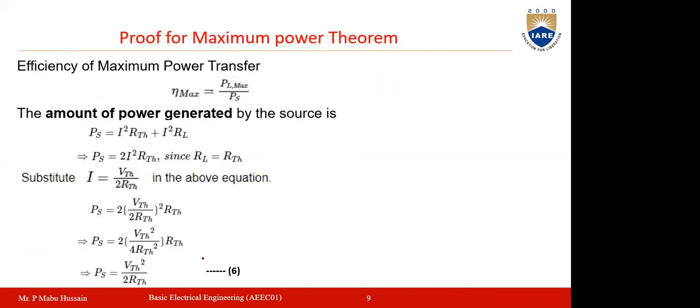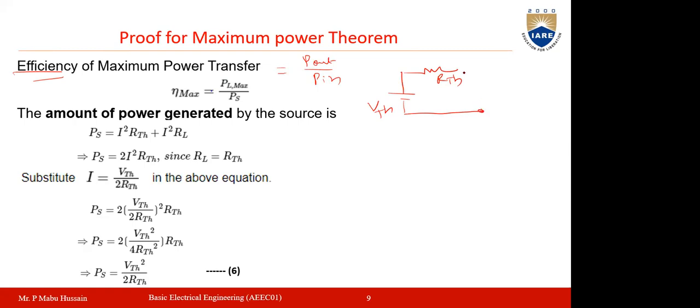Now, if you determine the efficiency under the maximum power transfer condition, what is the value? Let us see. Efficiency is nothing but output power by input power. If you take the same circuit, here you have the V Thevenin and here you have the R Thevenin.